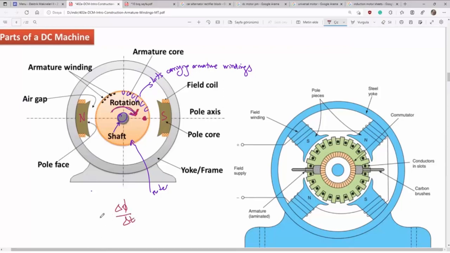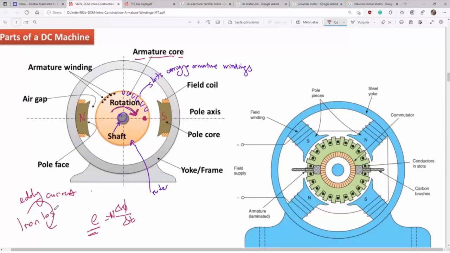So you know it is a reason to induce electromotive force in the armature core. These iron parts will induce some electromotive force and cause some eddy currents or Foucault currents, and then some iron losses.